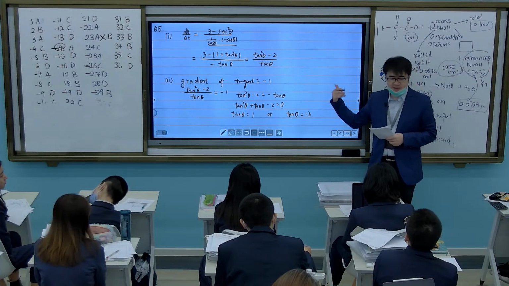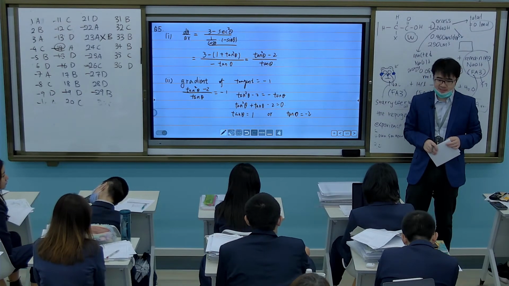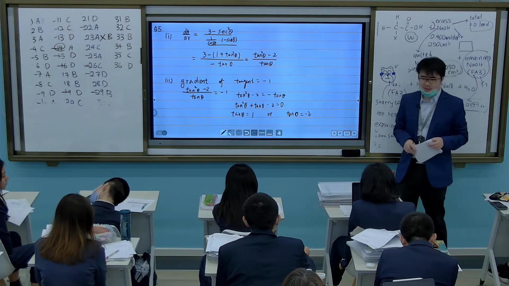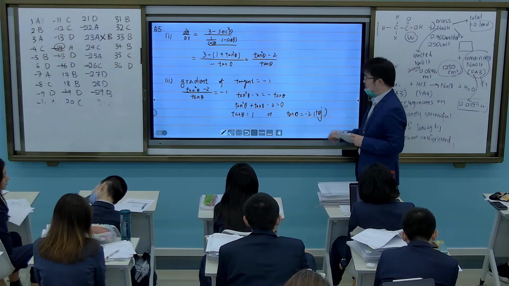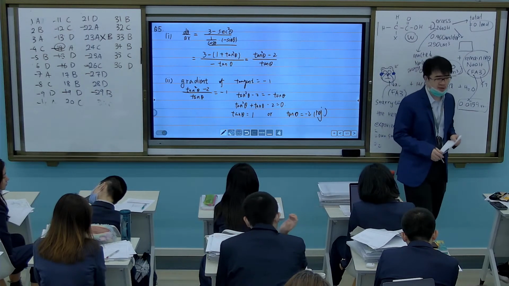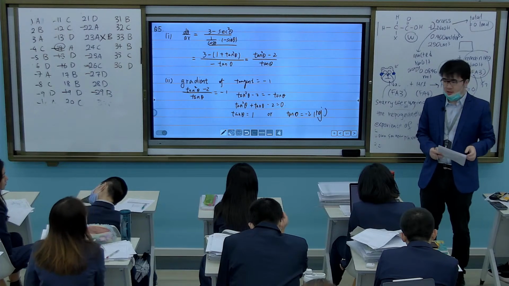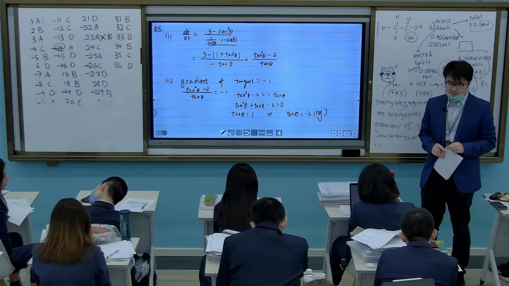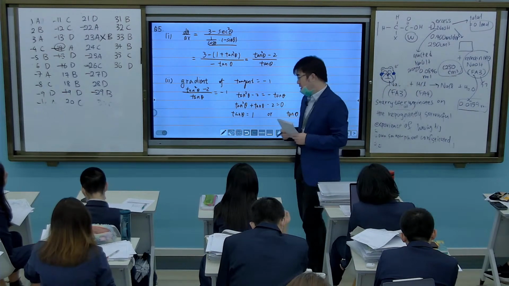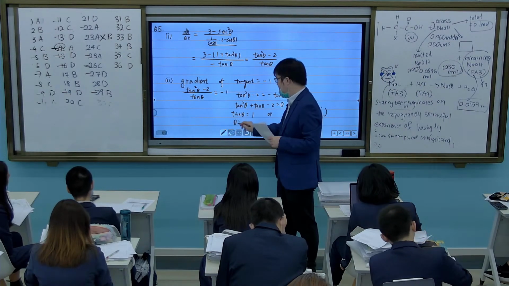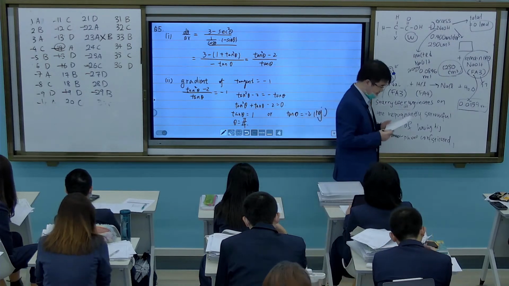This is a quadratic equation, so normally we have 2 roots, but theta is in the first quadrant, so tangent theta has to be positive. The -2 will be rejected. So if tangent theta equals 1, then theta will be pi over 4.